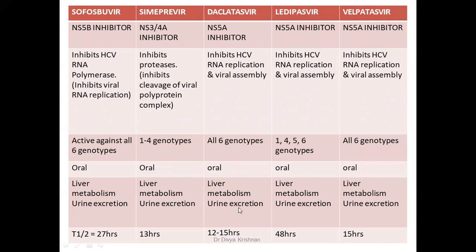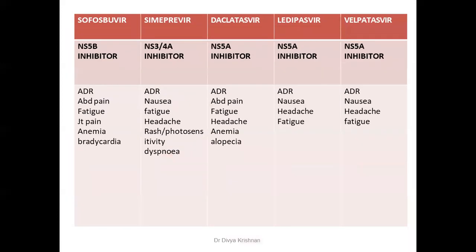Metabolism is mainly in the liver and excretion in the urine. You can see the half-lives of all of them, and compare. The highest half-life is for Daclatasvir, which is about 48 hours. So these are all newly recognized drugs, and the others, again, I have just summed up the ADRs which are usually seen among all these drugs.